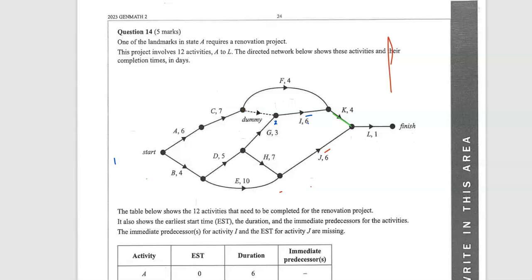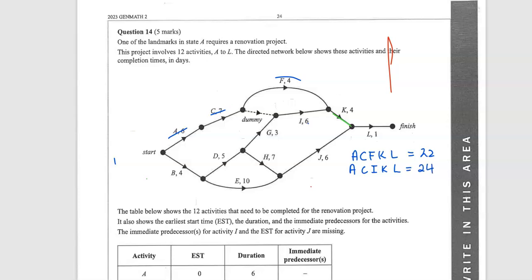All right, so I'm just going to write them up here, and then we'll transfer them down in a minute. So the first one you can see, so go A, C, F, K, and L. And if you add up that one, it ends up being 22. So then I've done that top one. Then I'm going to go A, C, I, K, L, and we did that one.